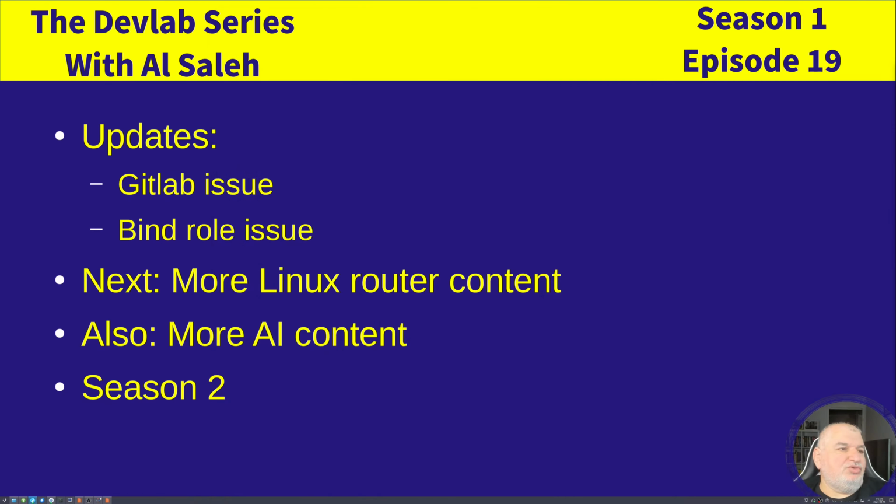Next, I want to focus more on the Linux router. I am enjoying the work on the Linux router and the work on the AI content more than I enjoyed working on the development environments. Season 2 is still pending.